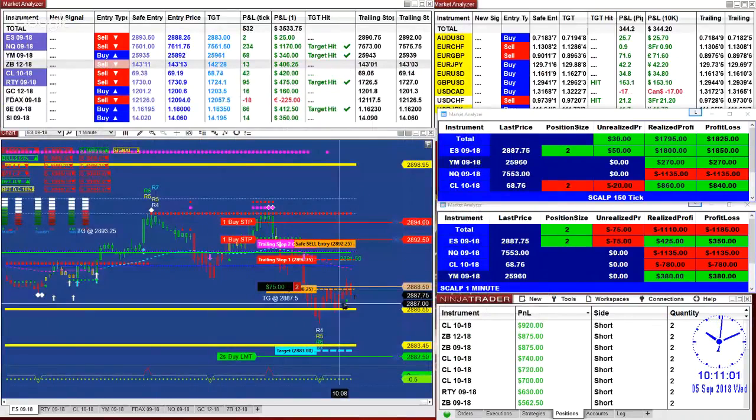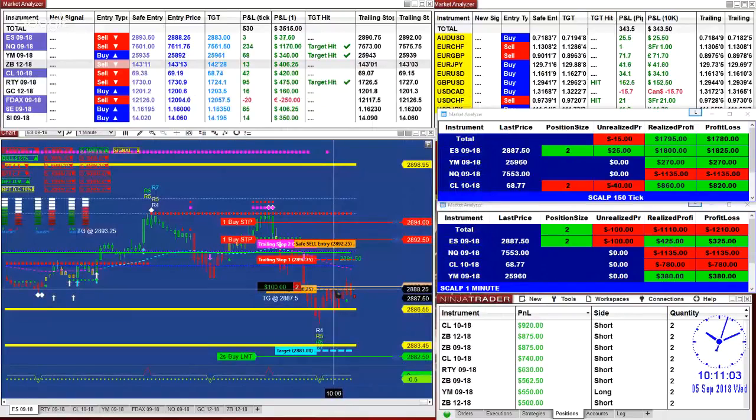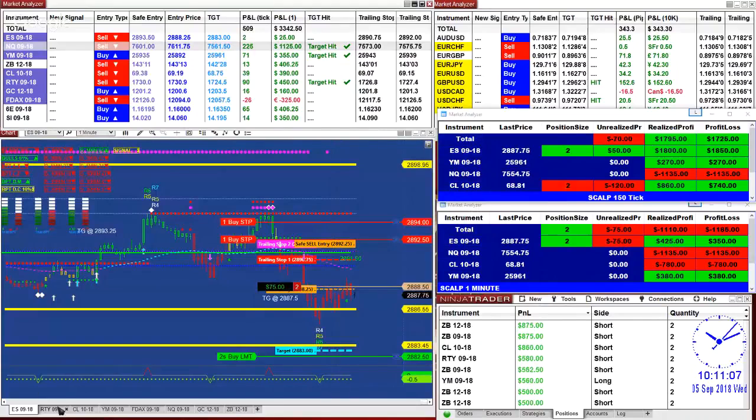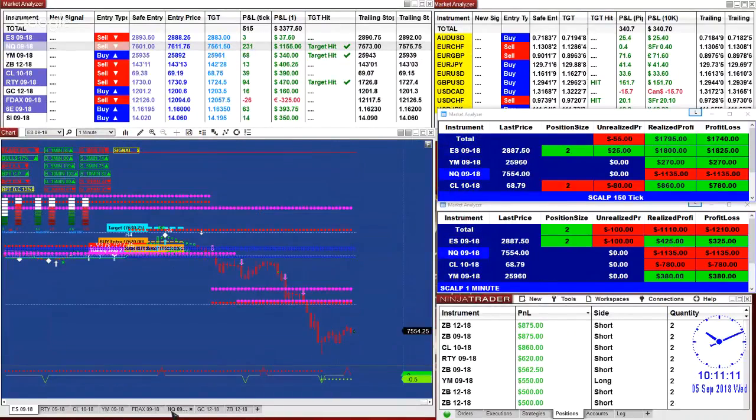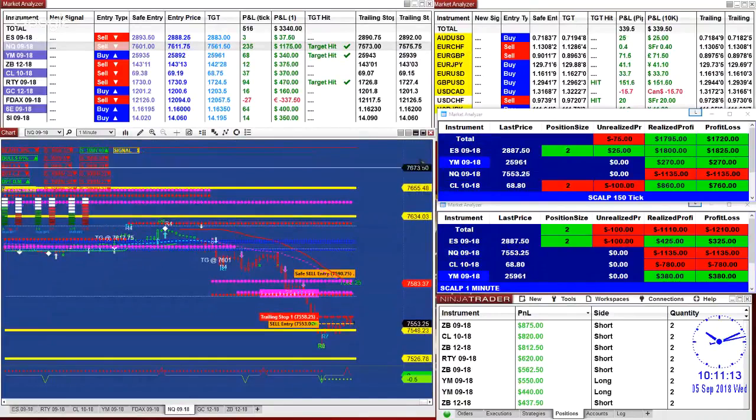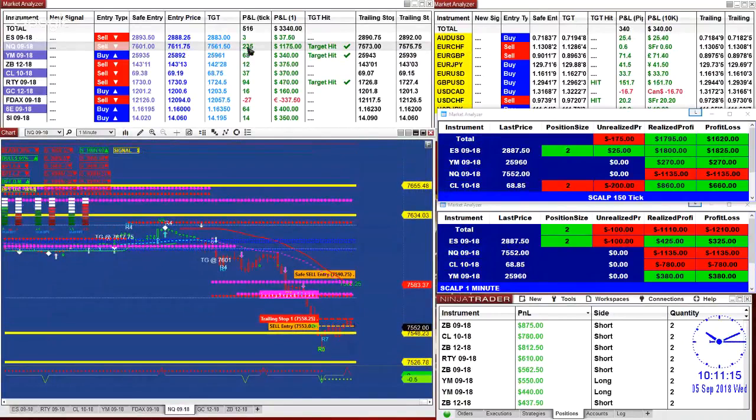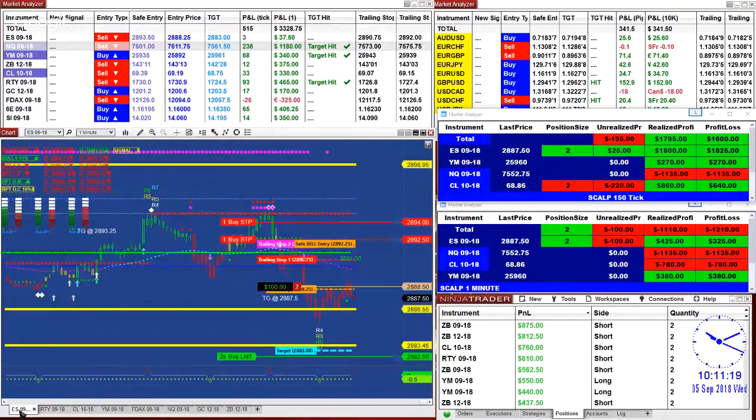If we look right now, we are struggling with this ES, but the NASDAQ is already way far gone and is done and hit the target. And now we are up to 238 ticks in the market. So those are very good.